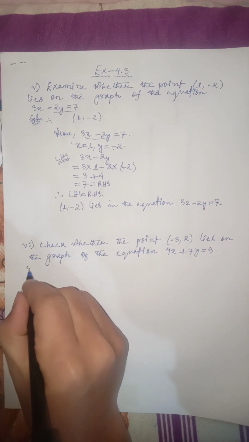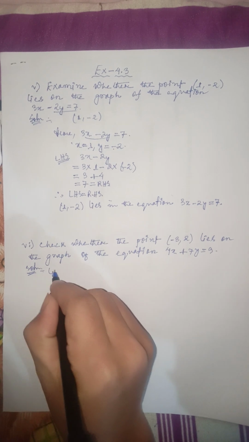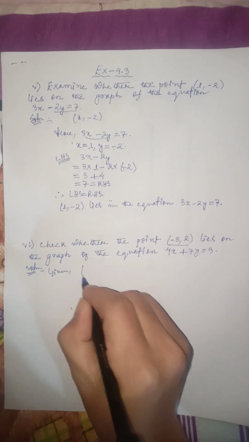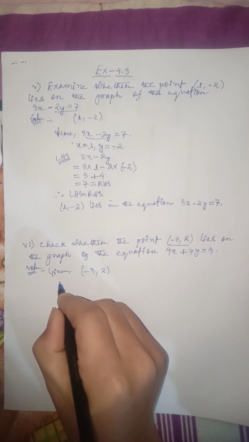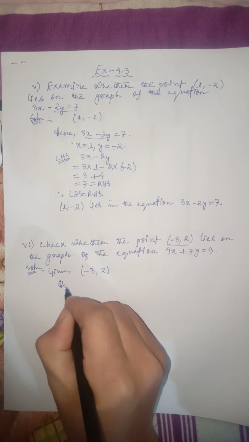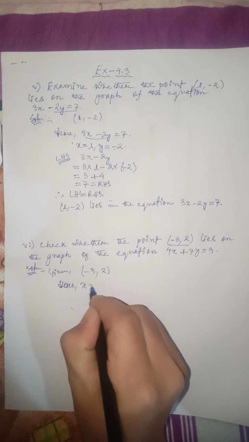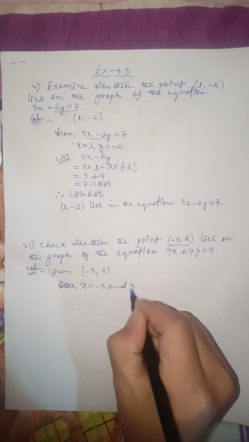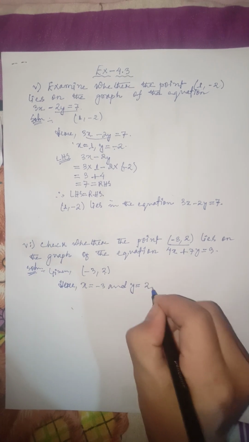Now, first of all, let me write here solution. And what is given to us? It is minus 3, 2. And after that, what are the values of x and y in this? The x value is minus 3, and the value of y, which we came to know from this point, is 2.